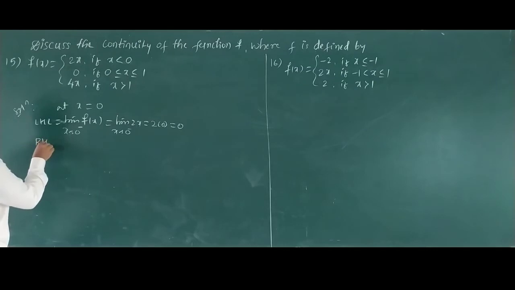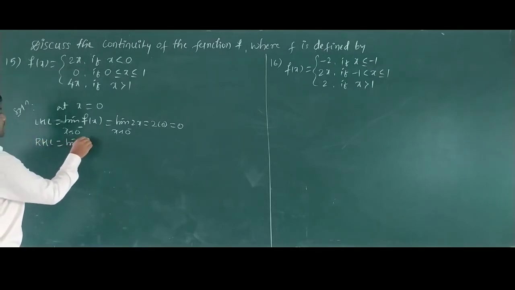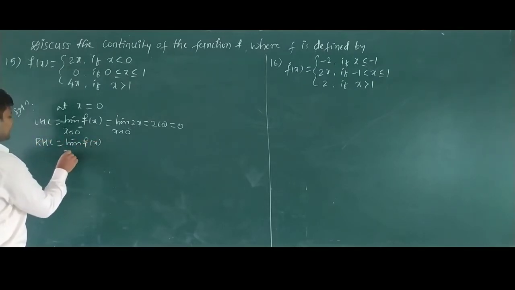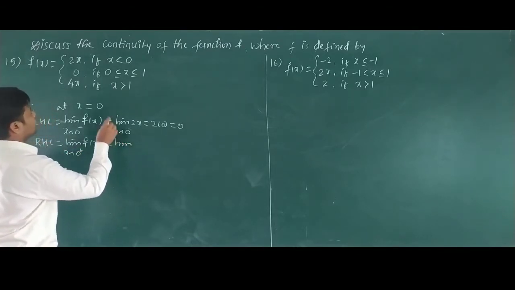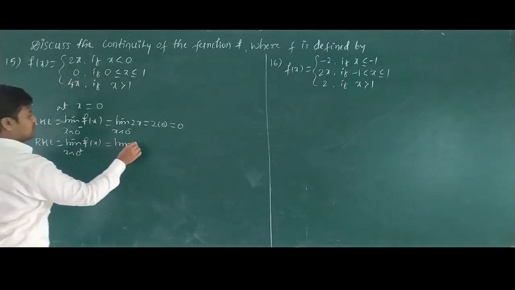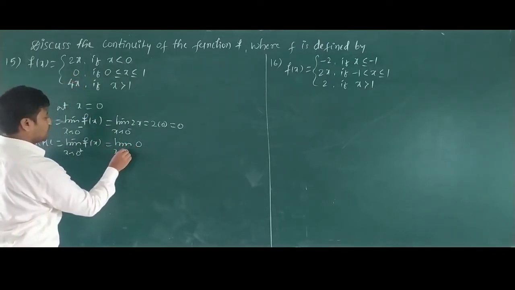What about RHS? Limit of f of x as x tends to 0 plus equals limit of 0, since for greater than 0 it is defined as 0, as x tends to 0 plus.